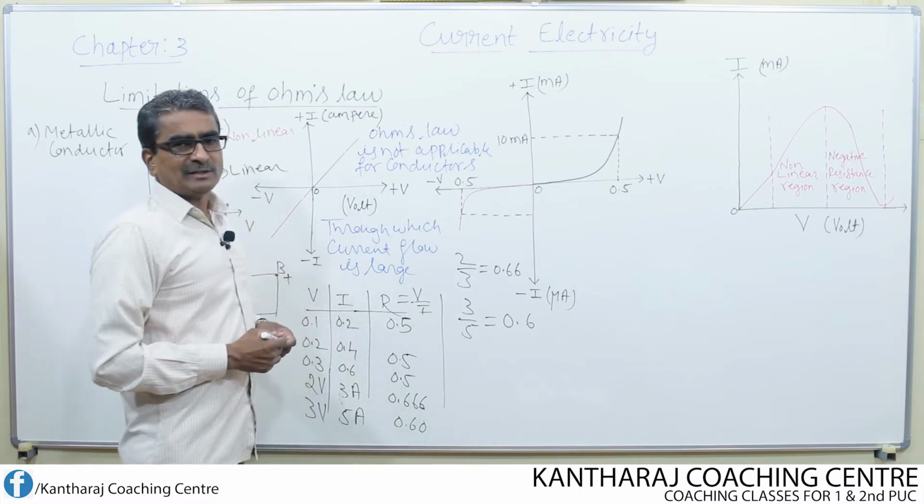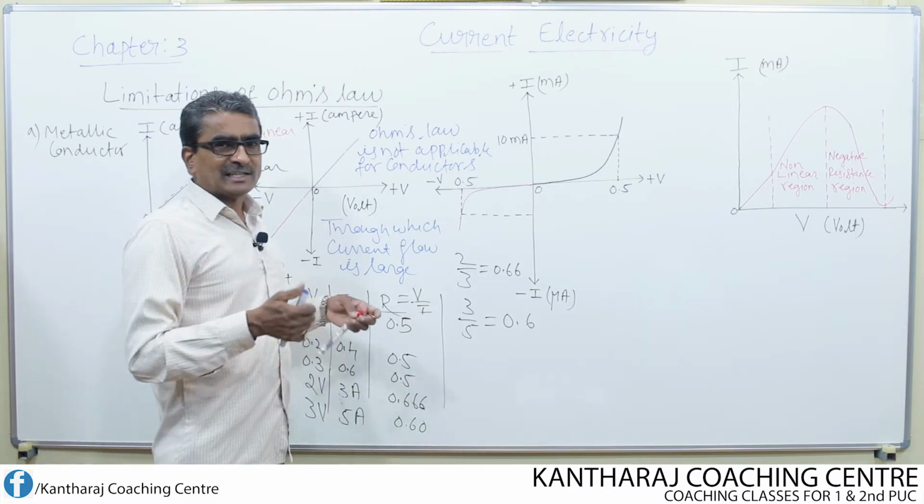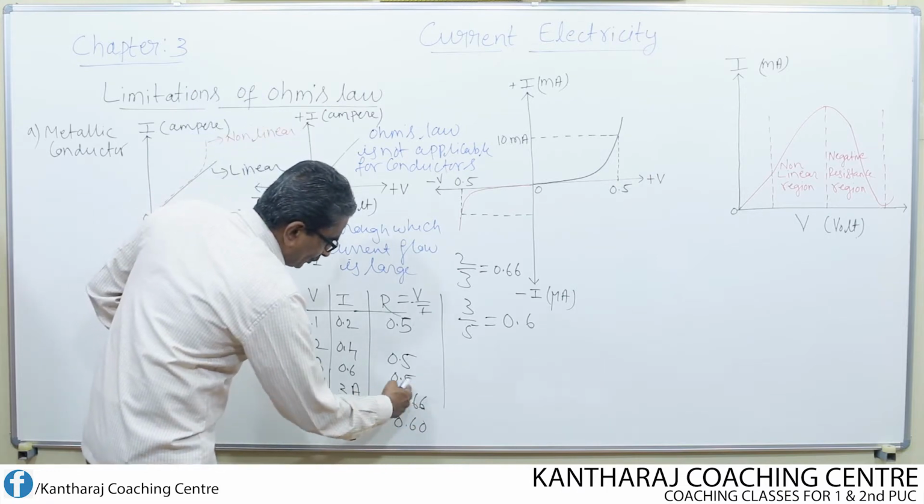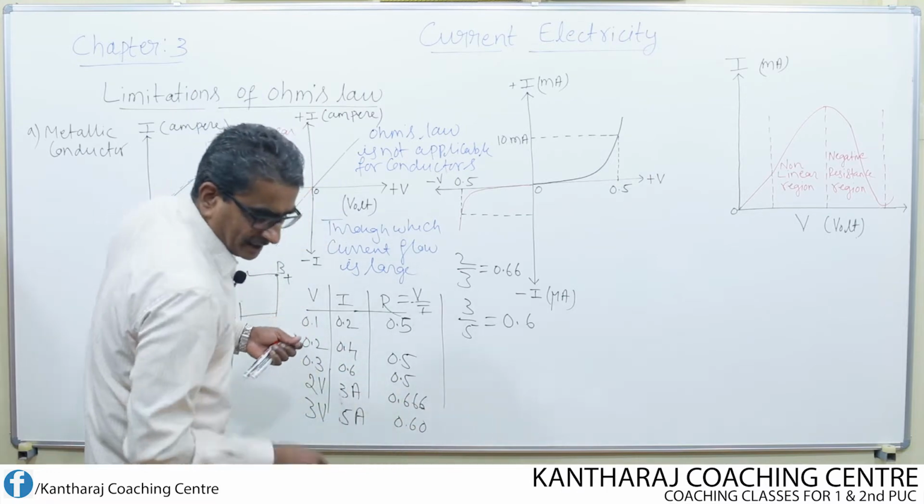Because when current becomes large, the conductor gets heated up and its resistance changes, just as we have shown here. So we can write it clearly like this.